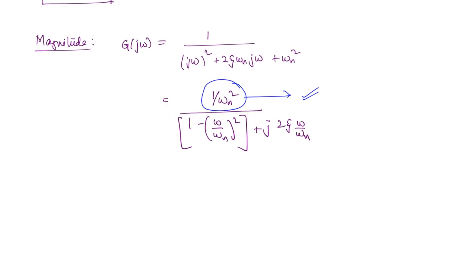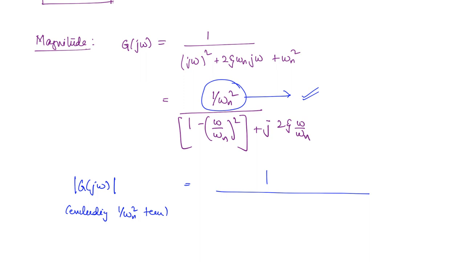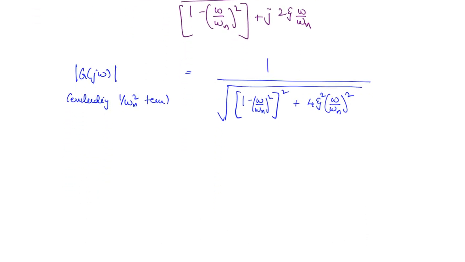So what will be G(j omega), excluding the constant term, the 1 by omega n square term? This is going to be 1 by root over 1 minus omega by omega n whole square, this whole thing squared, plus 4 zeta square omega by omega n whole square. Then what about the magnitude in dB?